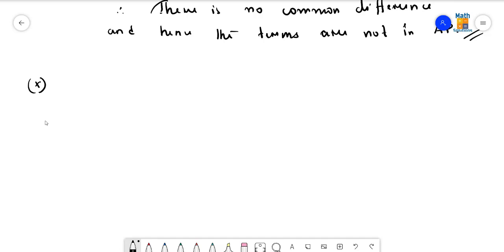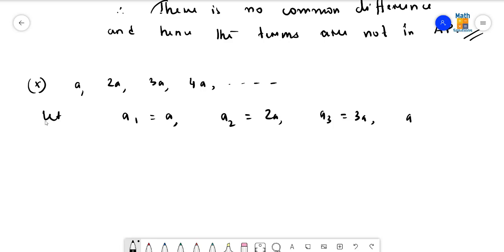The elements I get as a, twice a, thrice a, then 4a, that goes on. Let A1 is equal to a, A2 is equal to twice a, A3 is equal to thrice a, A4 is equal to 4a.